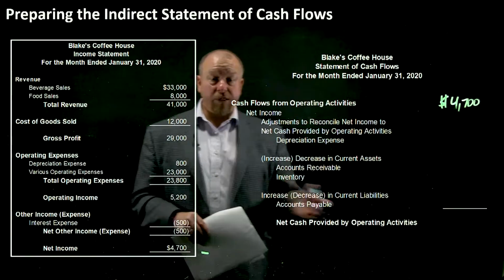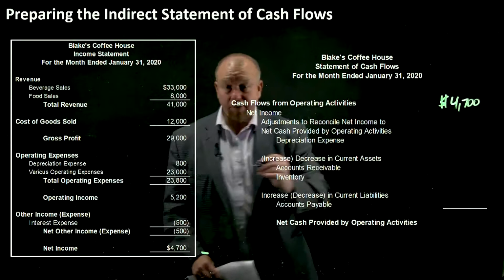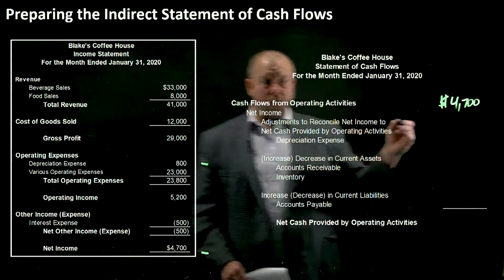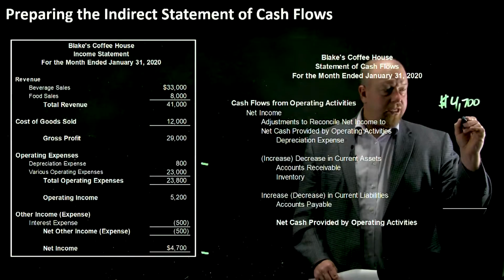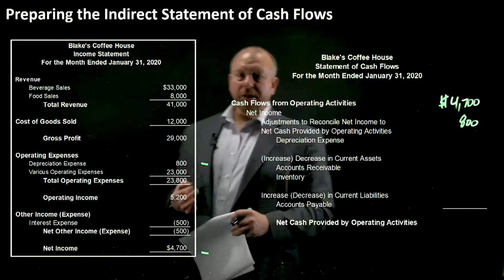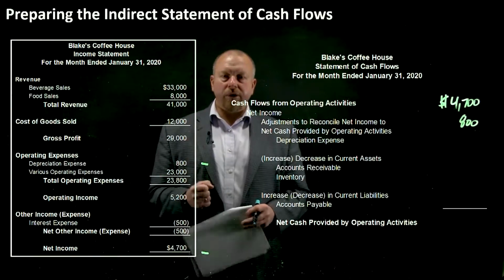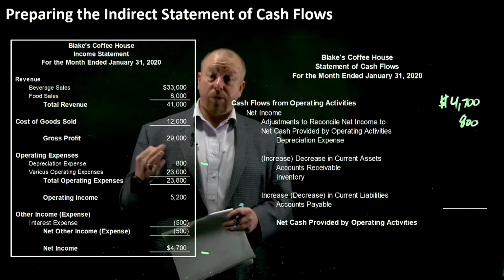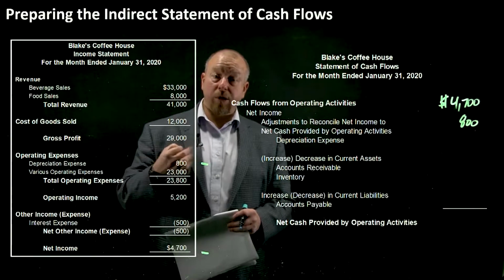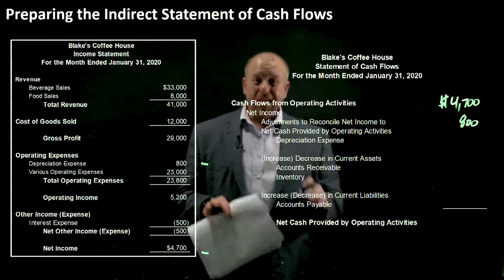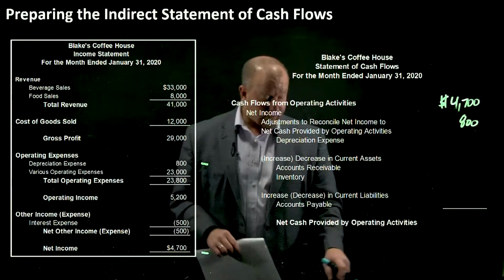So the first thing we have to do is add back depreciation expense. That's really going to be, in most cases, your low-hanging fruit: you want to take depreciation expense and add it back. Now, think about it this way. Do you remember that journal entry that we had on the screen just a moment ago where we recorded depreciation expense and then we recorded an increase to accumulated depreciation? Let's say we had forgotten to make that entry.